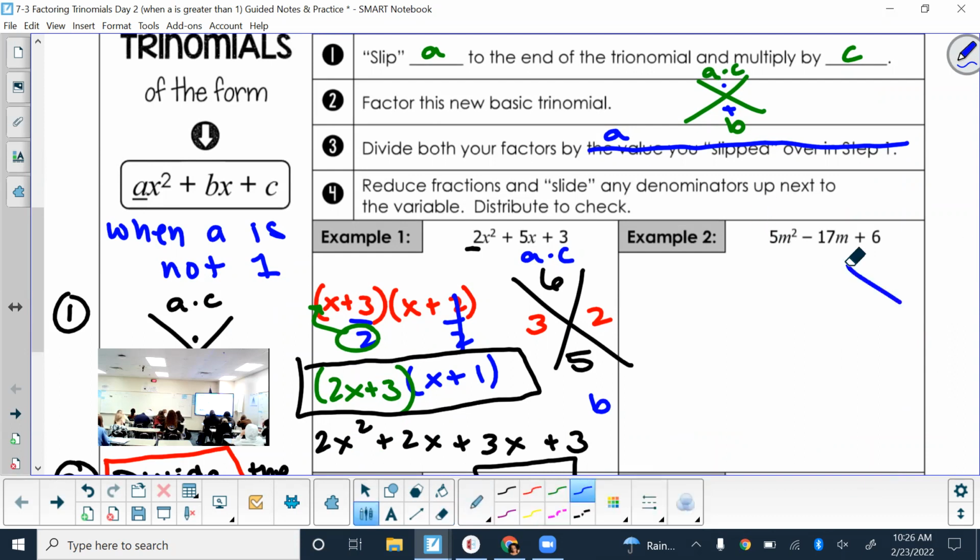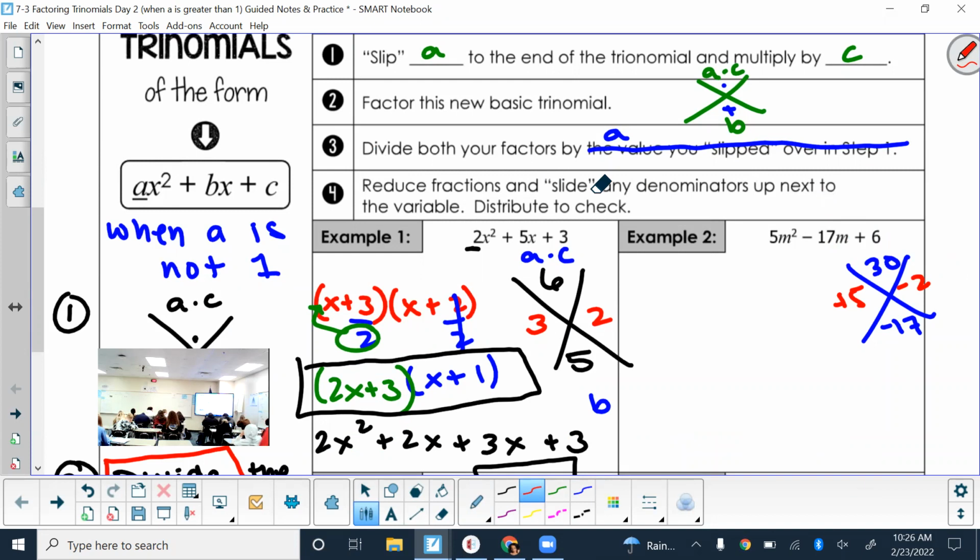But basically, set up your diamond. The top is A times C. So what number goes here? What number goes on the bottom? And what two numbers multiply to 30 but add to -17? And they both need to be negative. Don't forget that part.